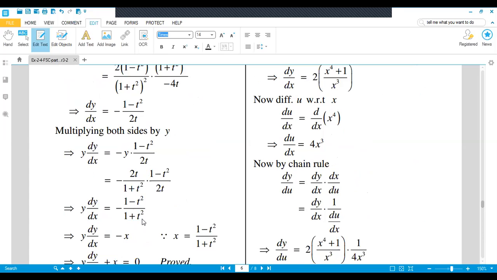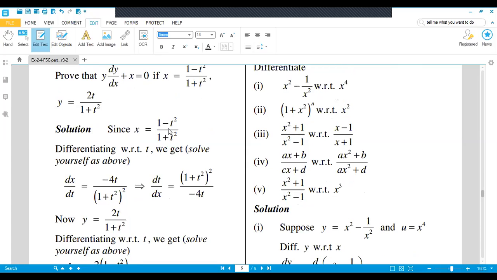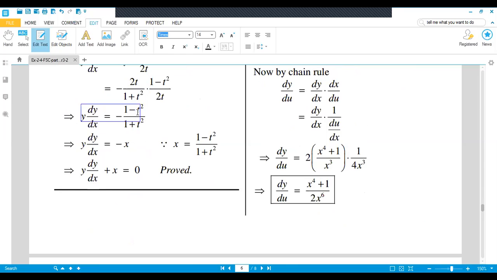After that, if you check, 1 minus t square over 1 plus t square is equal to what? This is equal to x. So you put the value of 1 minus t square over 1 plus t square as x. This is already given in the question, minus x. So when shifted to the other side, it will be plus x. And this is the required proof which you wanted to prove.